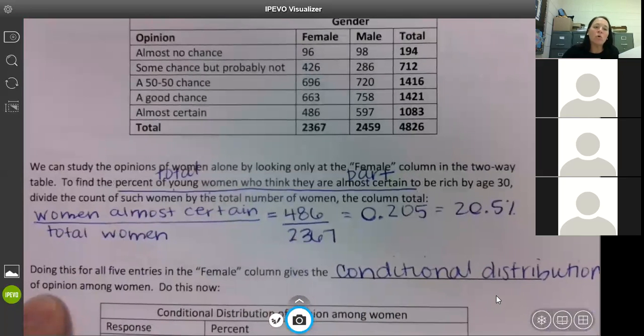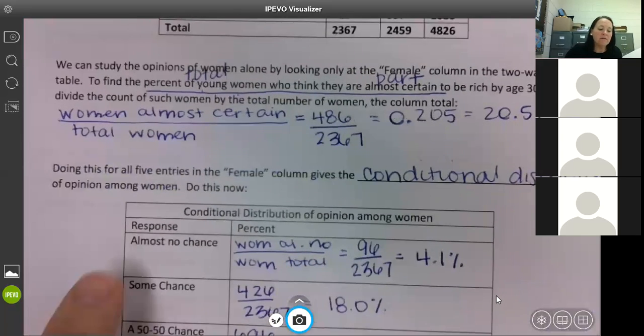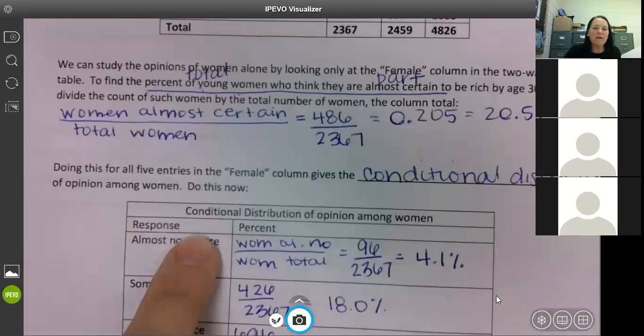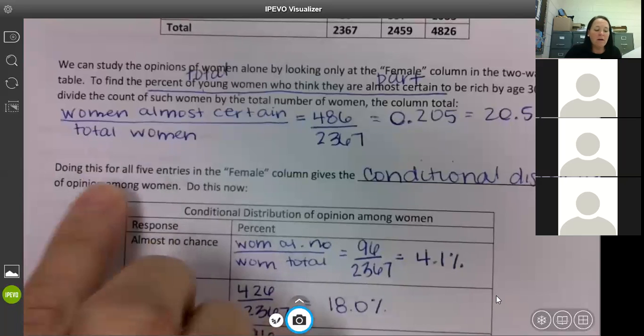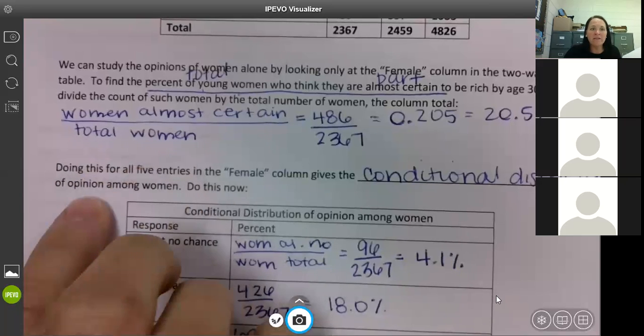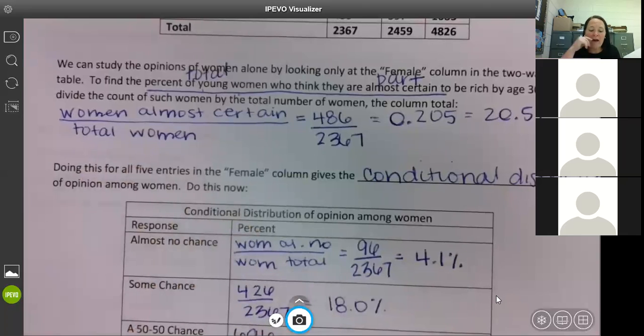So they would ask you for opinion among women. If they ask you for opinion, that goes on top. Whatever is second goes on bottom. So if they did it the other way, women among opinion or women's opinions, you want to put women's on top and the opinion on the bottom. Be careful of how they say it. That's where people mess up.